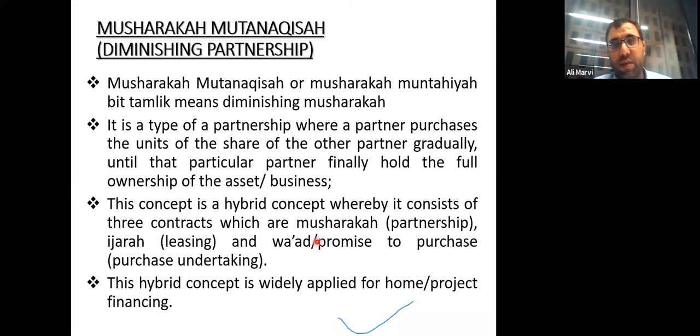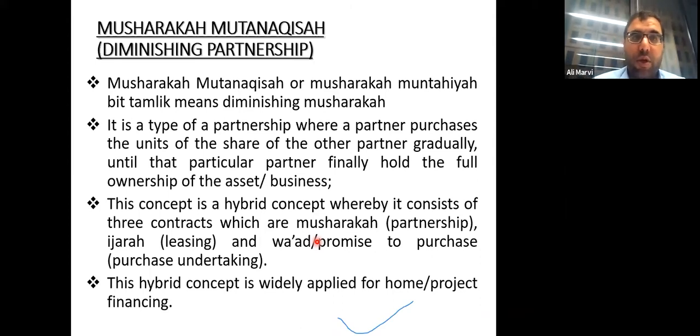That means the Islamic bank will commit to the other party that if the project is successful, then I will sell my share over time to you, and you can buy my shares by using the profits of the project.